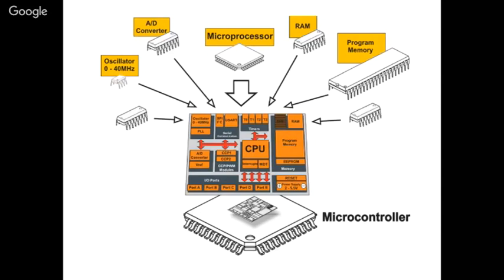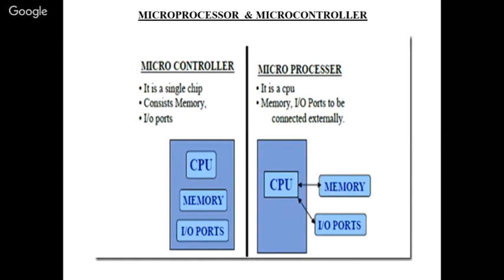Only the application part is important on my side, so I will give you the application point of view. It has an on-chip processor, RAM, memory, input output ports, and analog to digital converters. All of these are on a single chip, so it is called a microcontroller, and you can use it for embedded system applications.